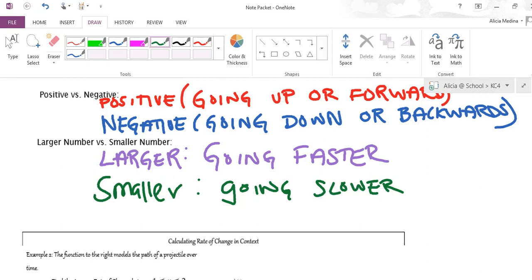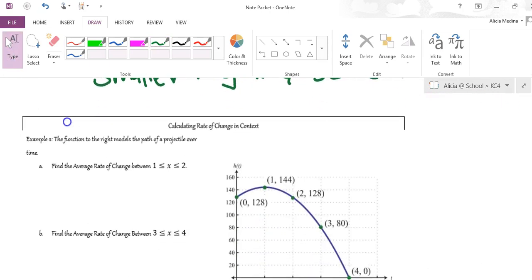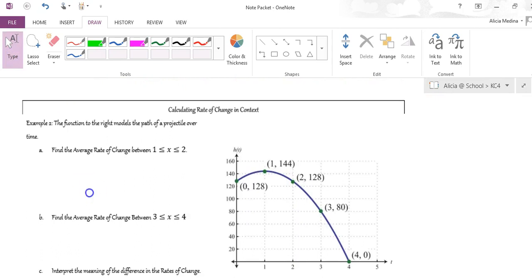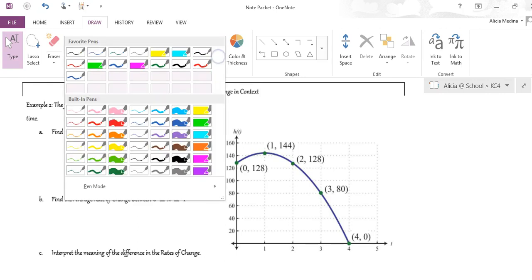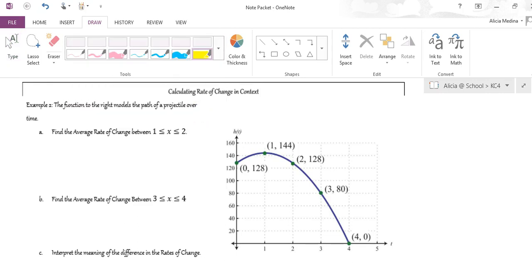So looking at this first example, we're going to start it off exactly as the other ones when we're finding average rate of change. It says the function to the right models the path of a projectile over time. Projectile just means something that is moving in the air. So find the average rate of change between x equals 1 and x equals 2. Remember that this is referencing just the x value, right?